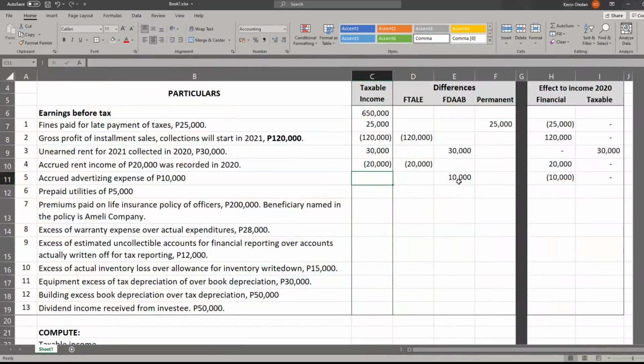In computation of your taxable income, it is a deduction or addition. So let's make the analysis. May dineduct ka sa financial, pero hindi mo yun dapat dineduct if we are computing taxable. Something was deducted here that should not have been. So what do you do? You add it back.